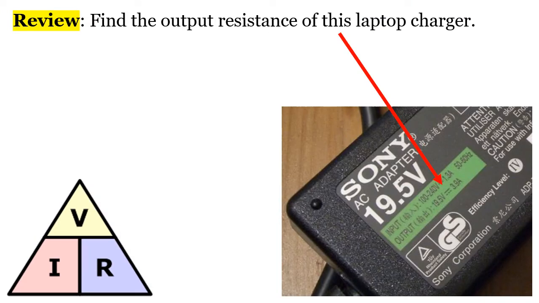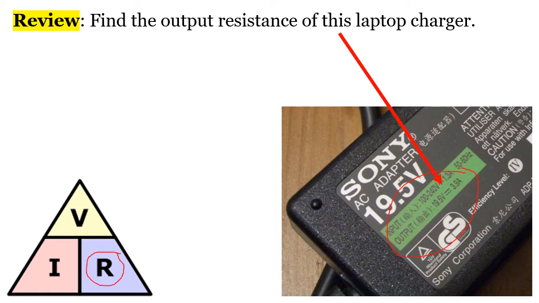All right, here's a quick review problem. It says find the output resistance of this laptop charger. And if you look really close here, the output resistance of the charger is not given, but we have a voltage and we have an amperage. So if we were to set this up, looking at our triangle, we're trying to find resistance.